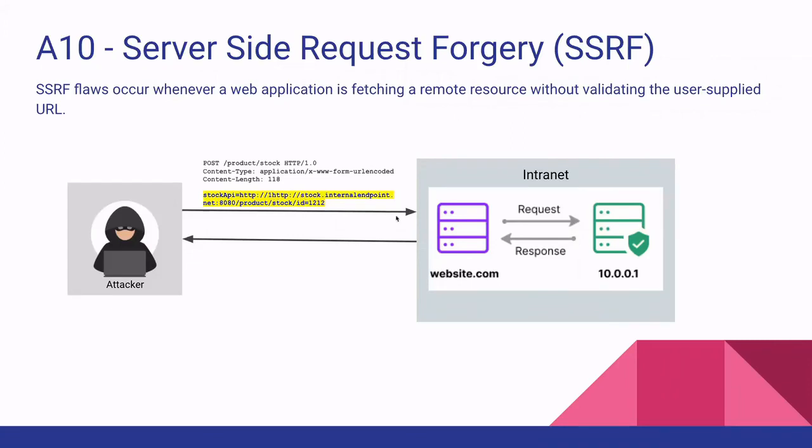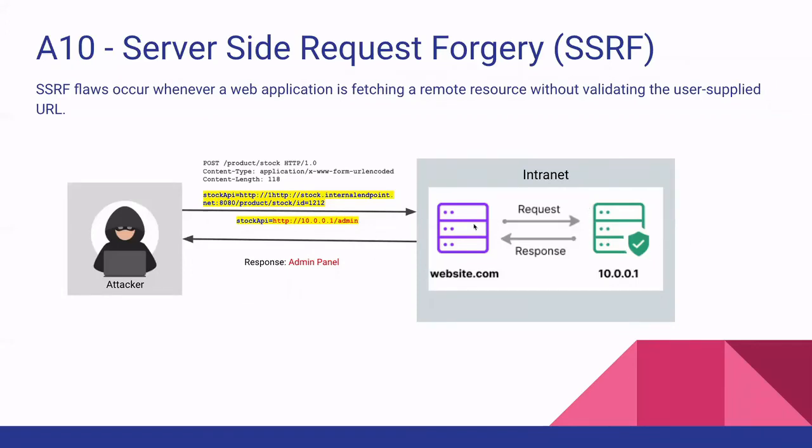This is how the website has access to another server, and maybe some set of servers in the same subnet, in the same network. Or maybe the website also has access to the internet.